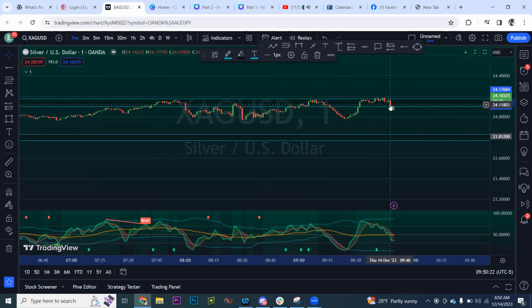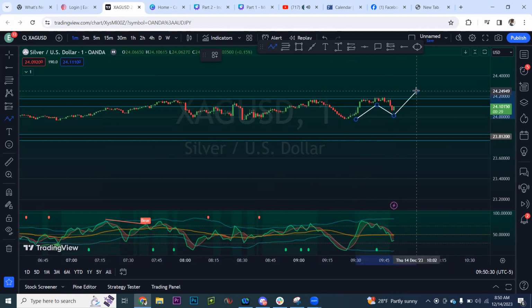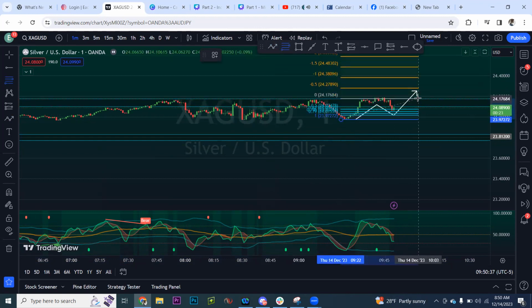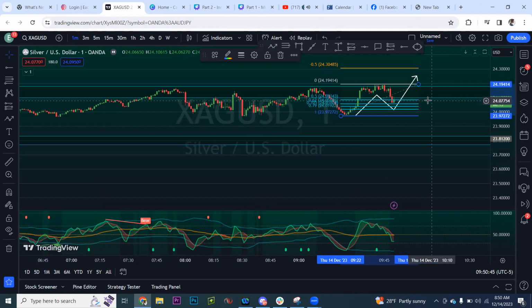So it pulled up, pulled back. Could this be the move that we want, where it's simply this? Which is a nice little fib move. Now, if it plays off of this, I'm only entering after it breaks above.